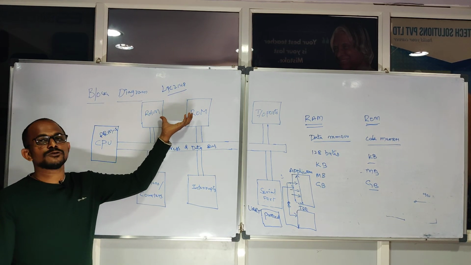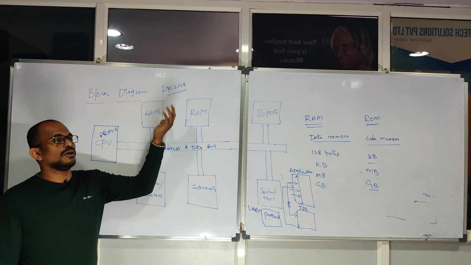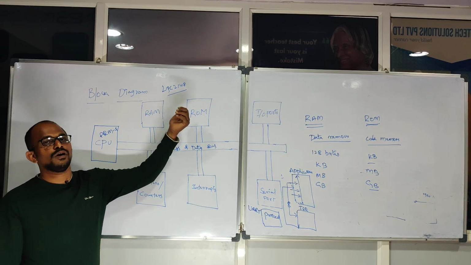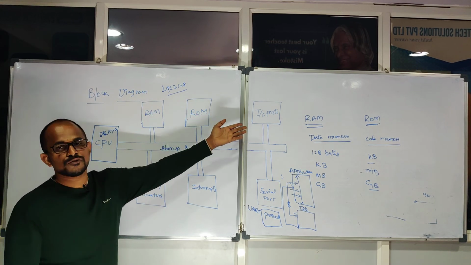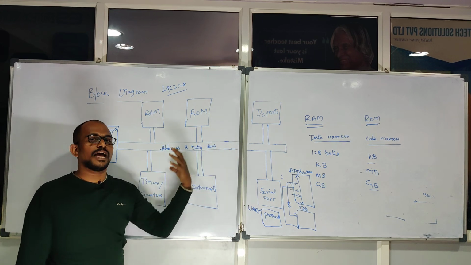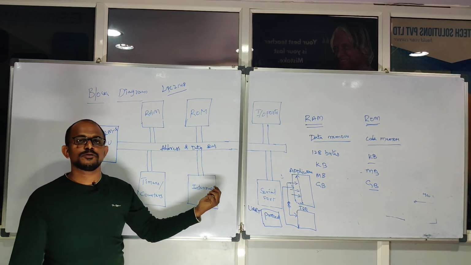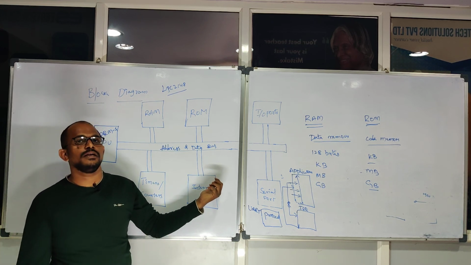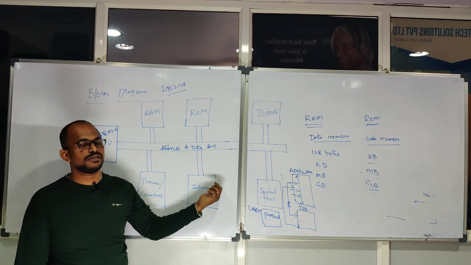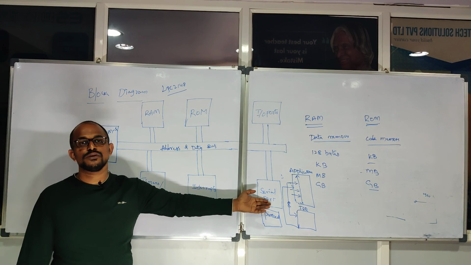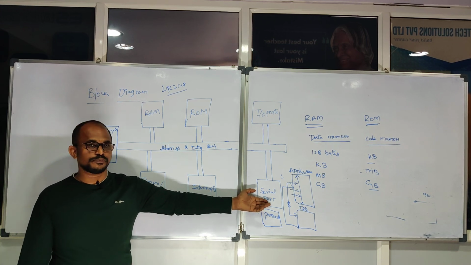Memories are dedicated to storage, one memory for temporary and one for permanent. IO ports connect peripherals, timers and counters generate delays as required, interrupts handle high priority tasks from your application, and the serial port is used for communicating with external modules.